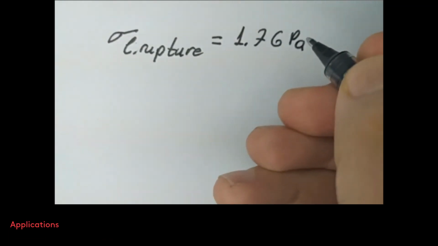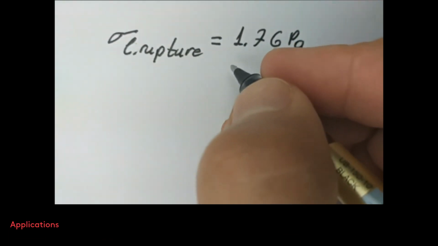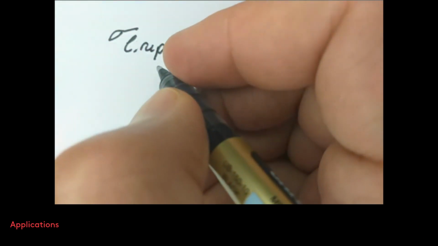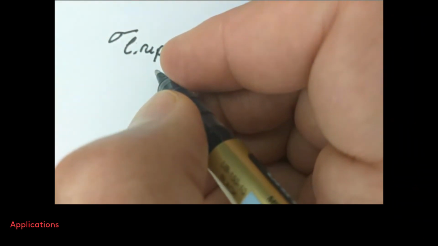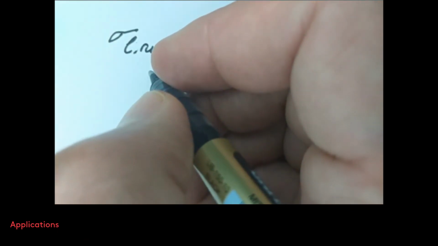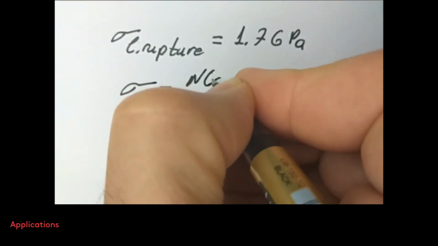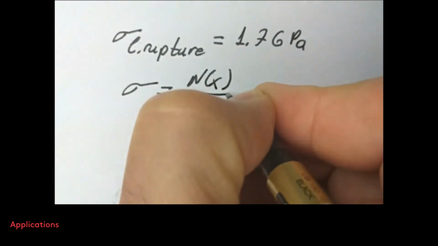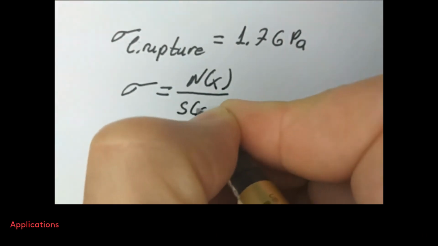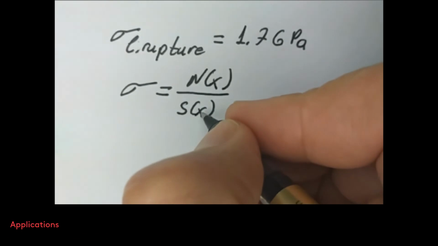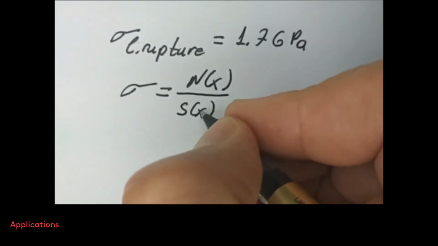This is what is given to us. Moreover, the safety factor is given as 6, which basically means that at any cross section sigma is Nx divided by S of x, where S of x is the cross-sectional area at a particular location x.